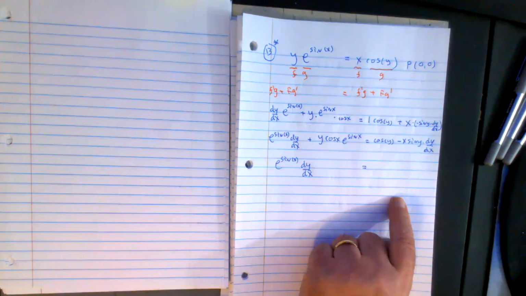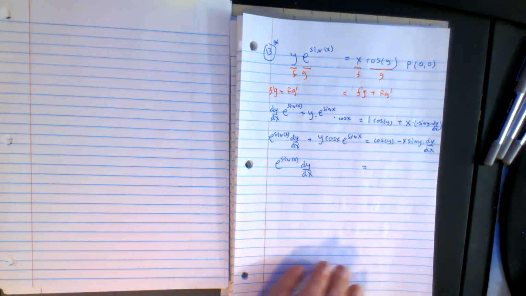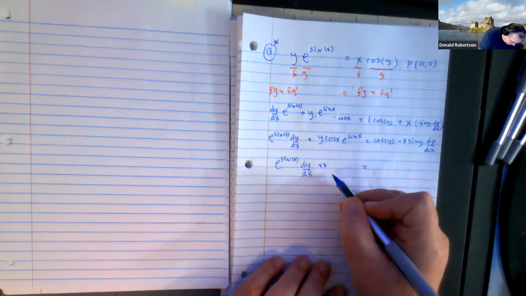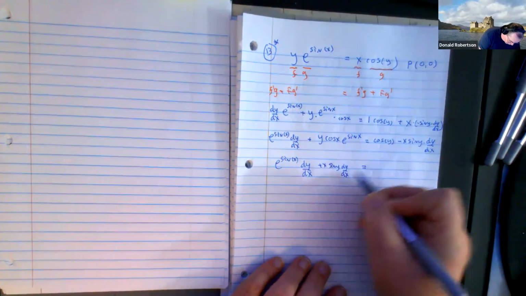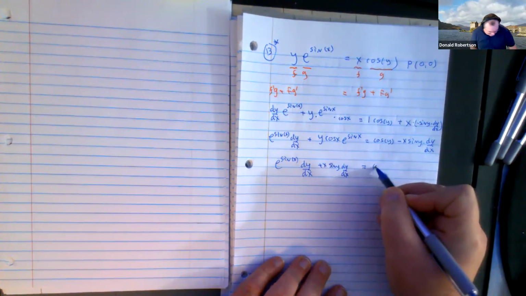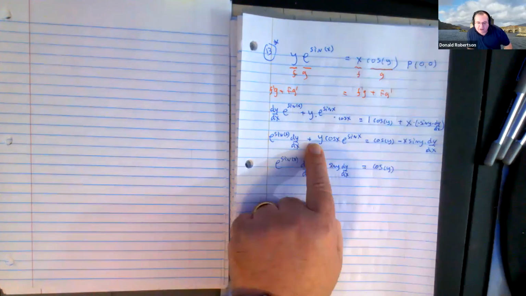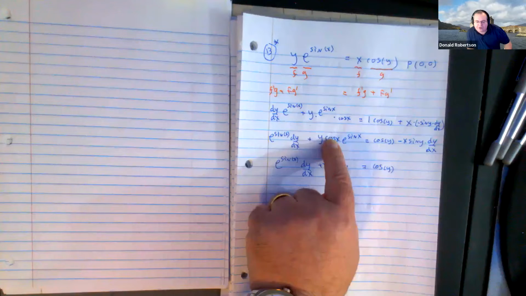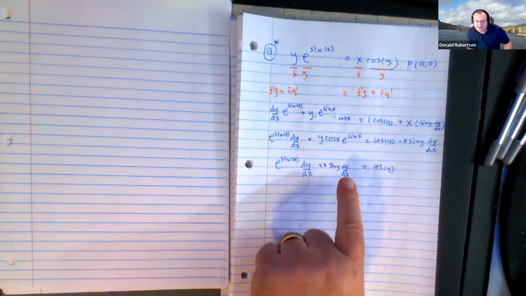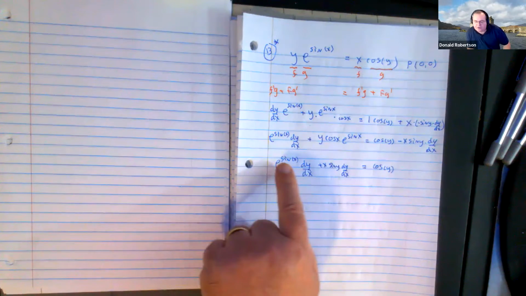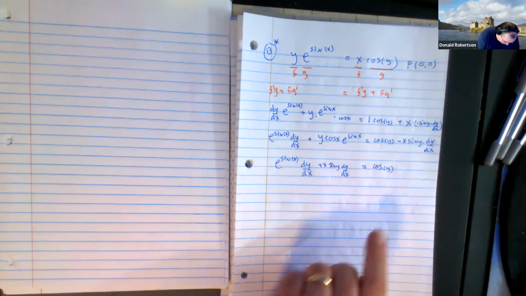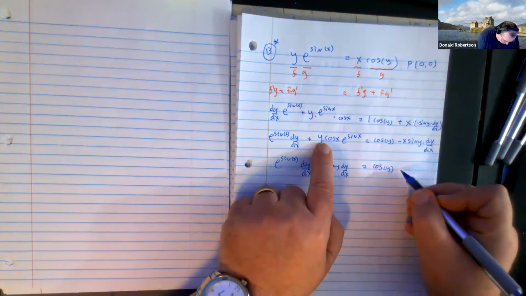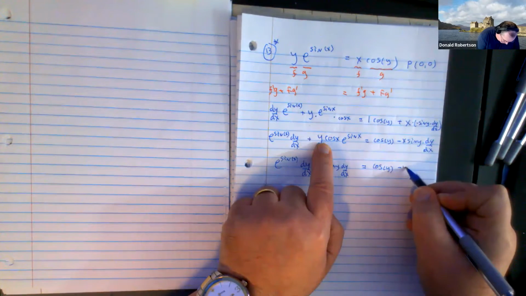Add it to the other side. Okay. It's a pretty common thing to do. Now, I do like the cosine y where it is, but I don't like this term. Why don't I like it? Because it doesn't have a dy by dx. I want the things that have dy by dx to be here on the left, and I want the terms that don't have it to be on the right. So I'm going to subtract a y cosine x e to the sine x.